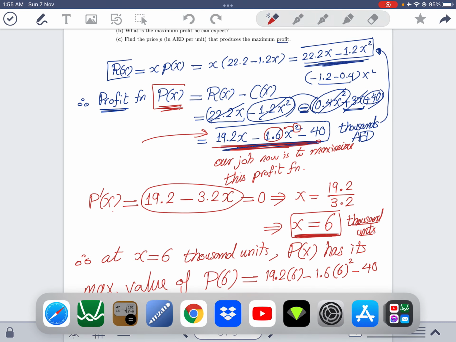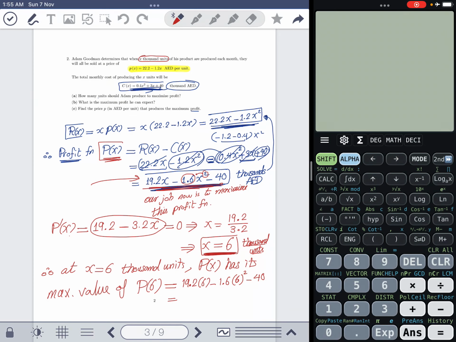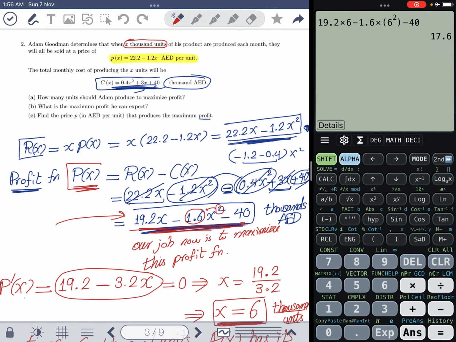I'll get the calculator to check, and then I'll show you the graphs. So 19.2 times 6 minus 1.6 times 6 squared minus 40, that's 17.6. So 17.6 is the profit. In what is the profit given?